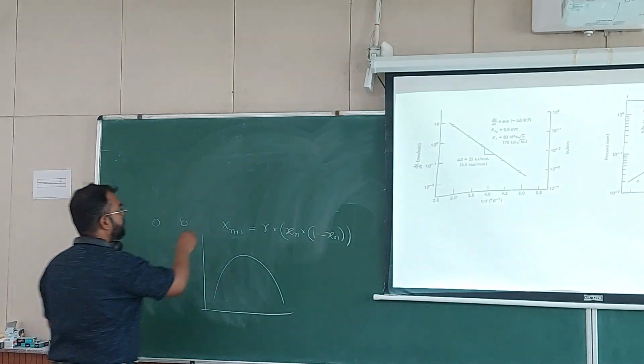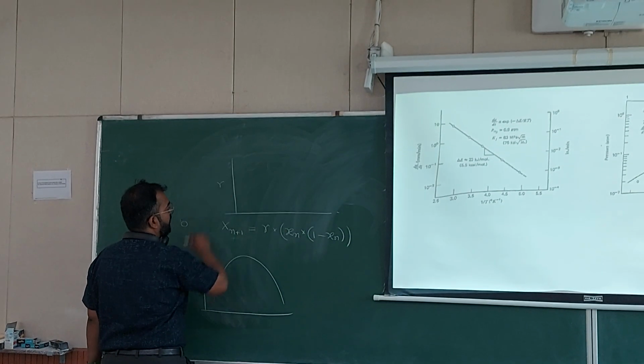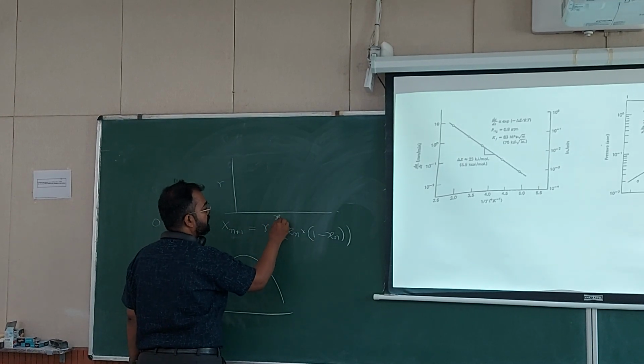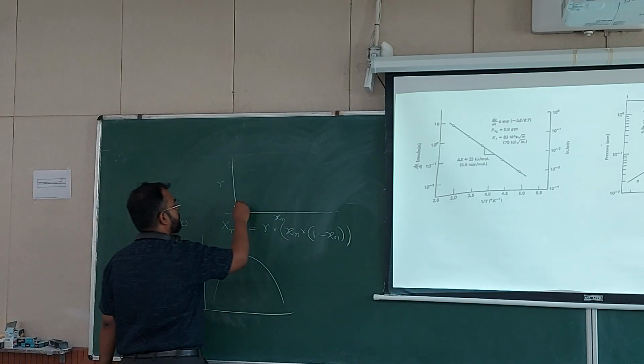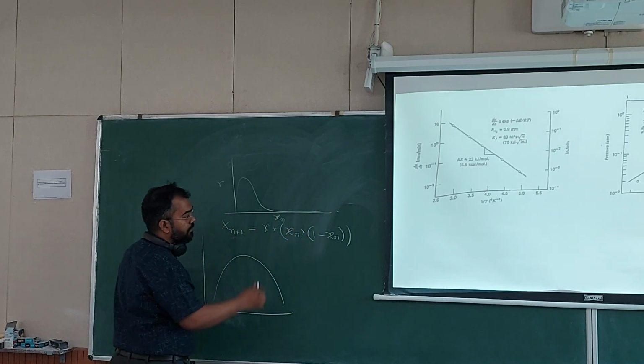Okay. So if you plot the growth rate r and then you plot the population xn, equilibrium value of population, it will increase and then it will become extinct. Okay.